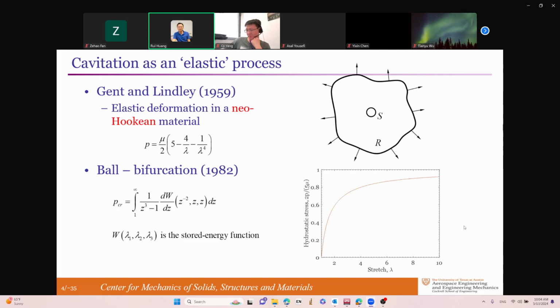The relationship between the hydrostatic pressure applied and the stretch at the inner wall of the cavity was given by this expression. And if you plot this, you see that as the pressure increases, the inner radius increases rapidly. When the pressure reaches 5/2 of the shear modulus, the radius runs away. Cavity instability. Ball did a bifurcation analysis to show this is true.